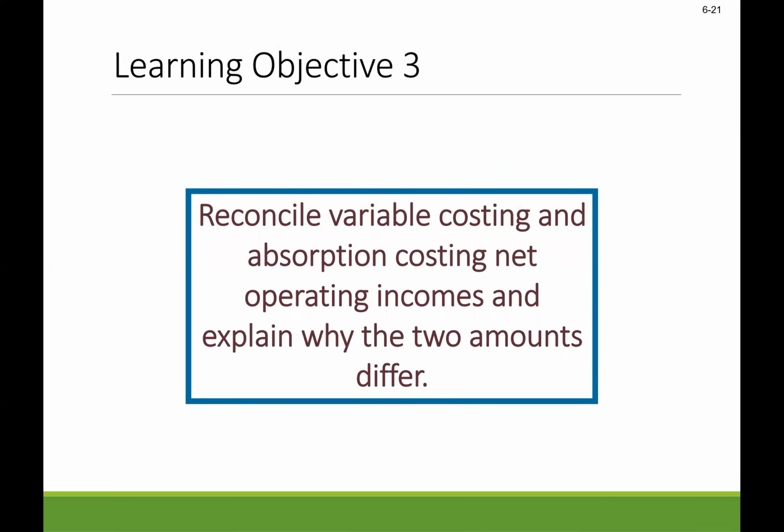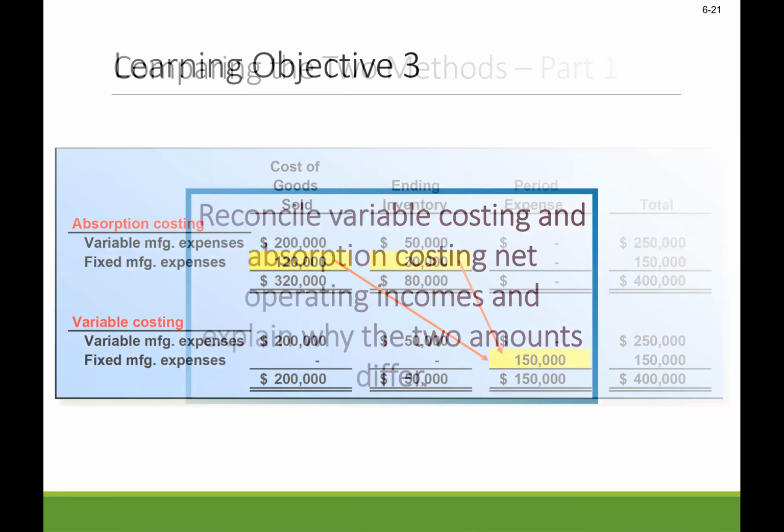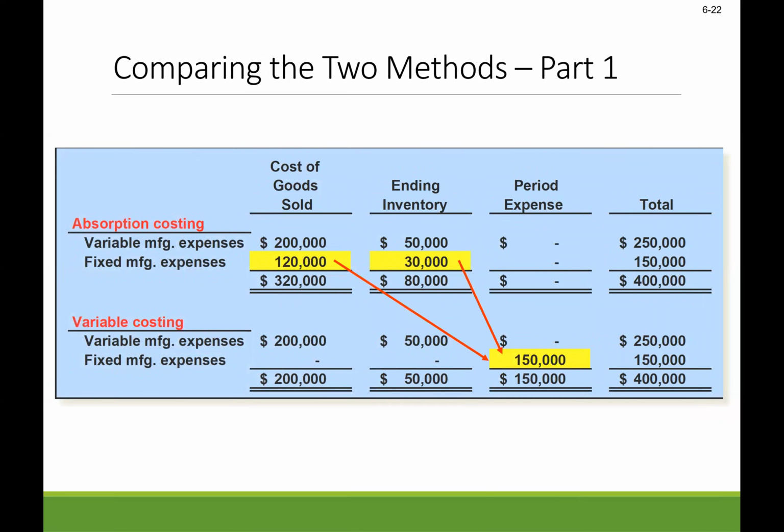Now we're going to look at the variable and the absorption costing and really understand how and why they differ. When we have absorption costing, we've got fixed manufacturing expenses that get broken into the cost of goods sold versus the ending inventory because they're a product cost. Whereas in variable costing, all of those are placed into period costs.